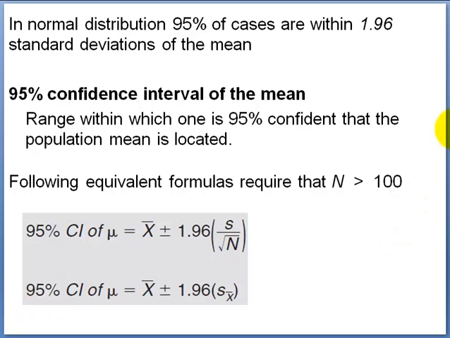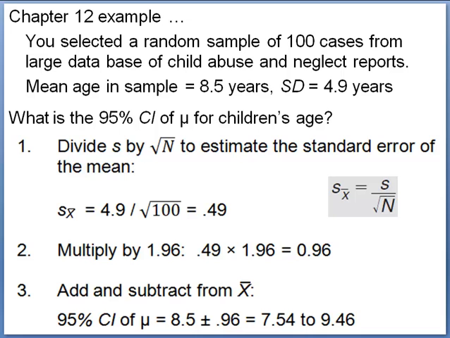Time to move on and carry out some calculations. We will stick with the chapter 12 example. In chapter 12 you selected a random sample of 100 cases from a large statewide database of child abuse and neglect reports. That big statewide database is your population.